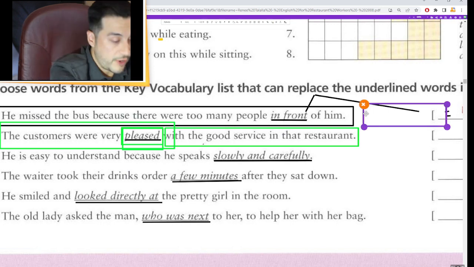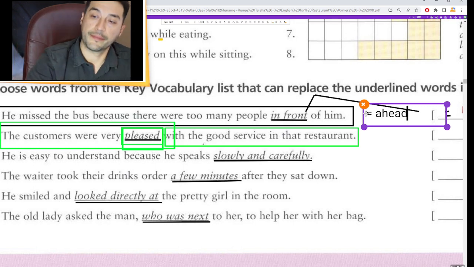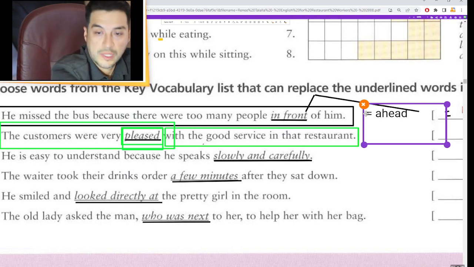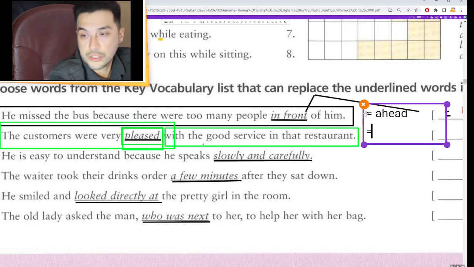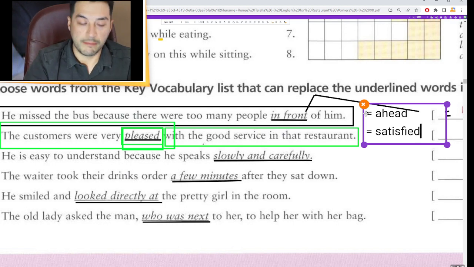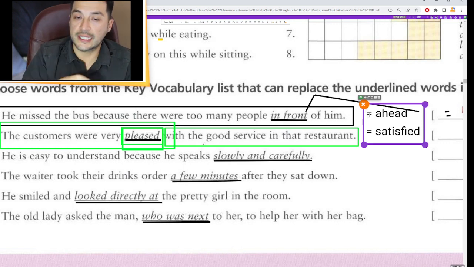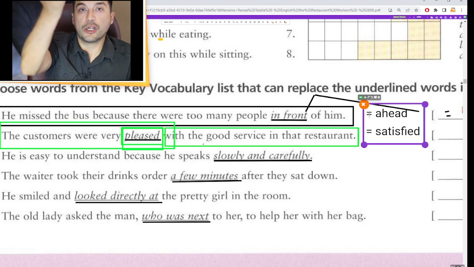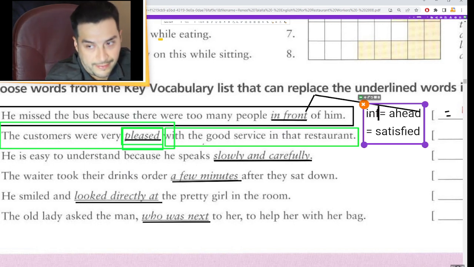In front equals ahead. Pleased equals satisfied. Make sure you take notes. This is going to help your English level increase a lot.